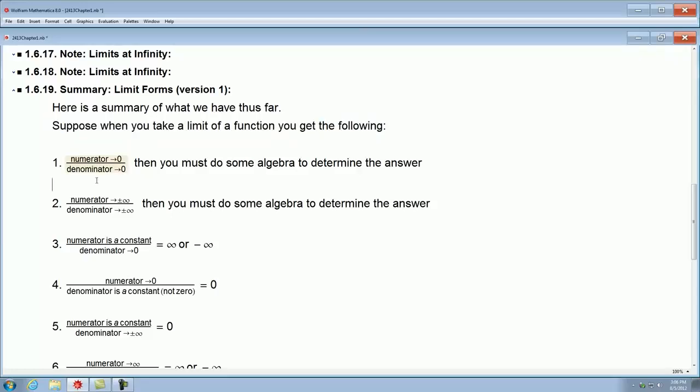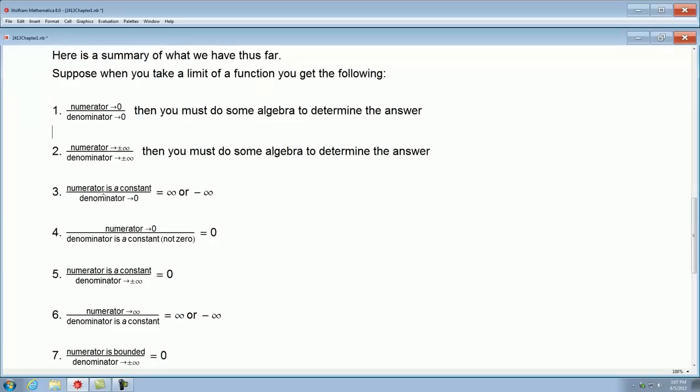If your numerator is headed towards 0, and your denominator is headed towards 0 also, so the top and bottom both go to 0, then you must do some sort of algebra to determine the answer. Same thing if you head towards infinity on the top or bottom, either positive or negative, doesn't matter. Anytime you have some sort of infinity over some sort of infinity, you again must do some sort of algebra to determine the answer. There's not a quick, oh yeah, it's this. We have to do some work to get to those.